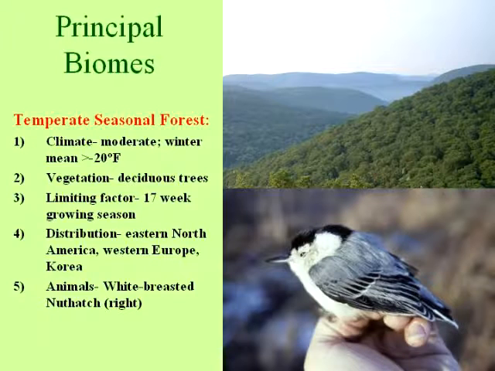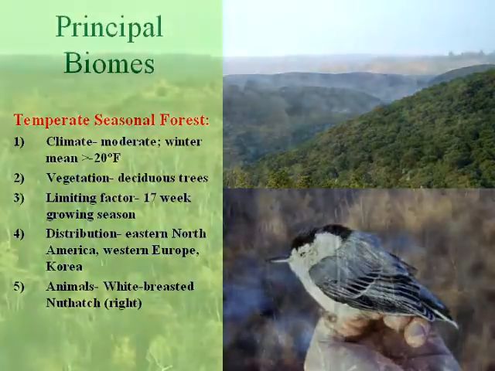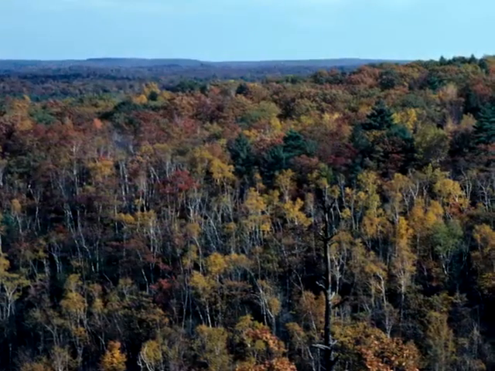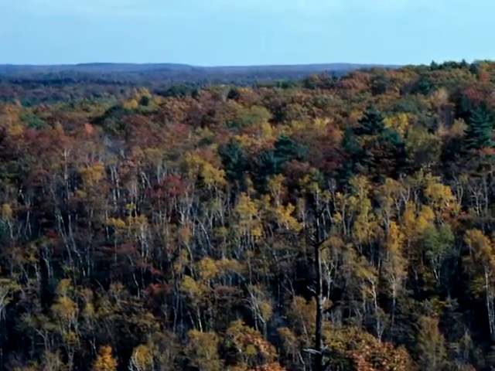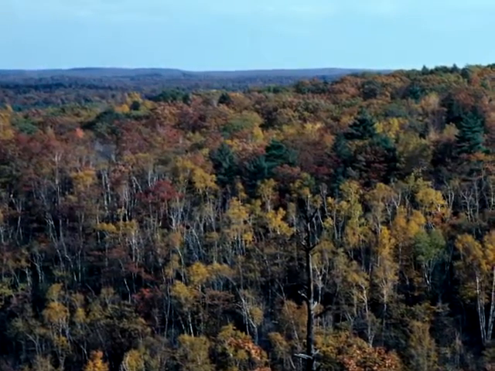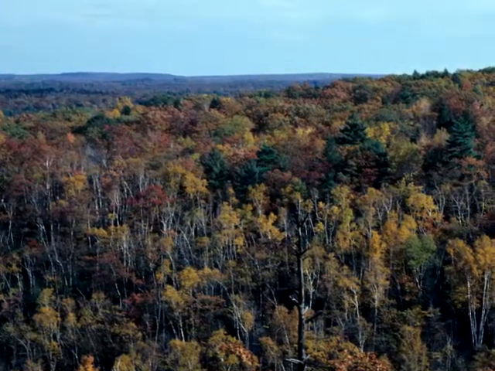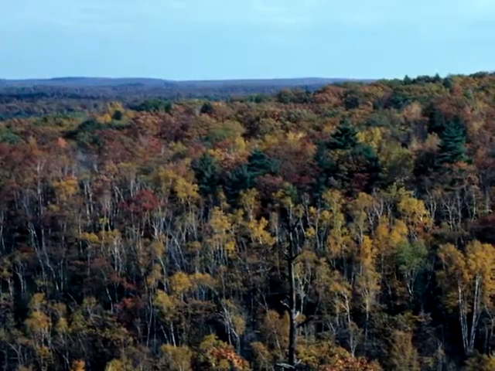There has to be a fair amount of rainfall in order to grow trees, and the rainfall is reasonably well distributed throughout the year in much of this temperate seasonal forest region. The prevailing vegetation are deciduous trees, and the term deciduous means that leaves are dropped at the end of the growing season in the fall.